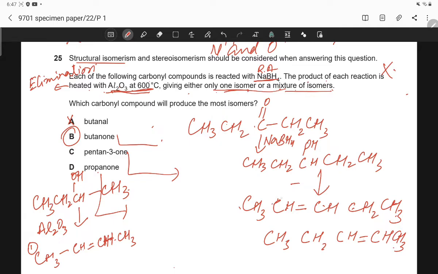Over here it is the same isomer, same structure.